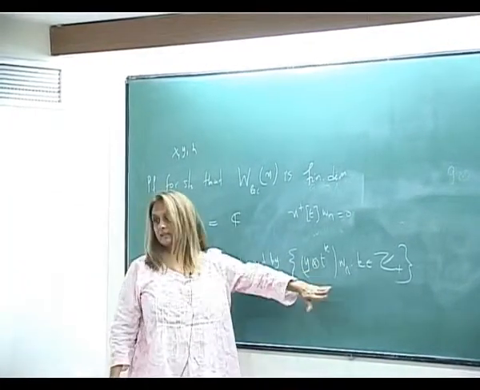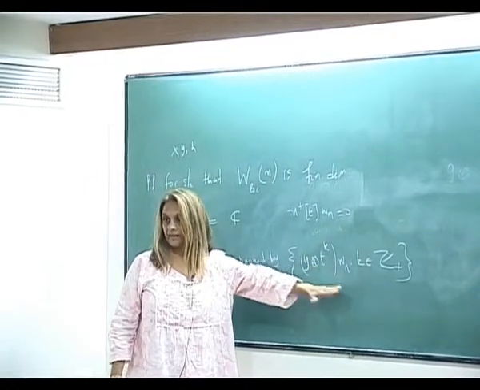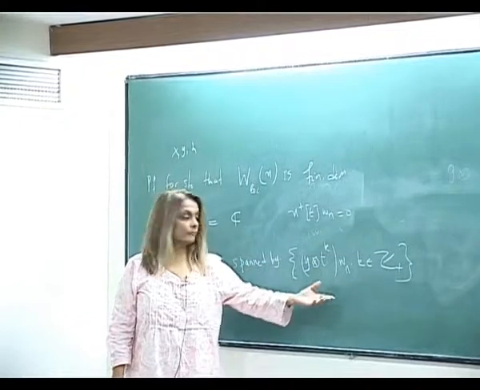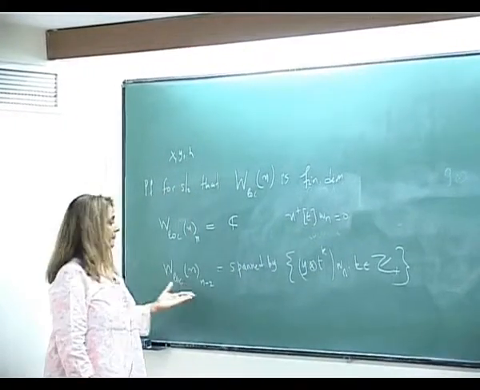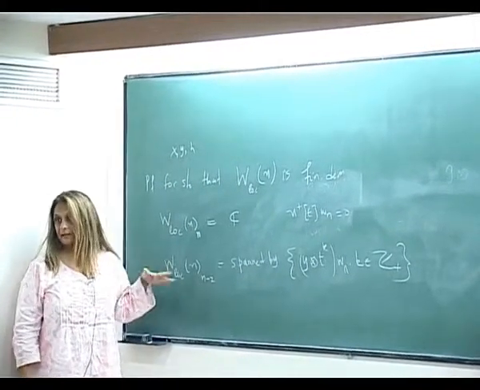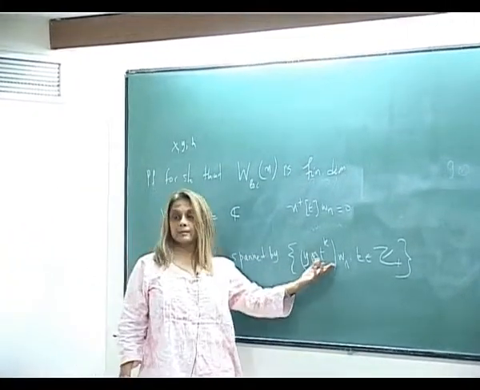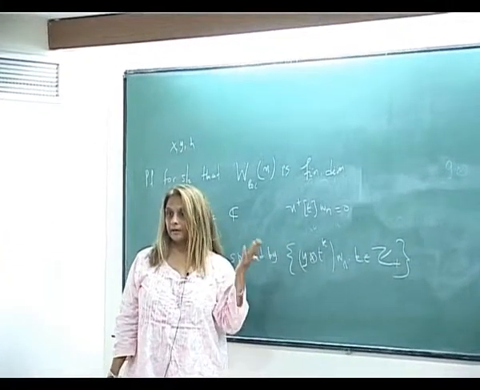Now, these are obviously infinitely many vectors of different grades because the k varies, right? So if I want to prove that my module is finite dimensional, I better prove that this weight space is finite dimensional. So I have to show that these elements are 0 for all but finitely many k.